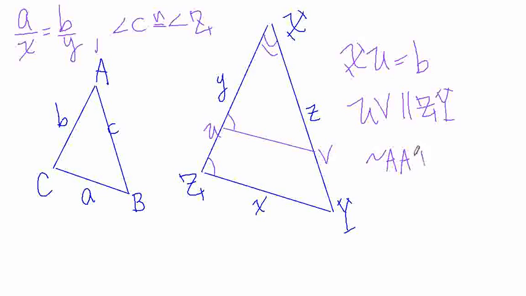Now, if you can show that triangle XUV is congruent to the small triangle on the left there, then you've established that triangle ABC is similar to the big triangle. I'll leave the rest of that as an exercise, but that's what you would do if you wanted to prove beyond a shadow of a doubt that the SAS similarity theorem was indeed true.